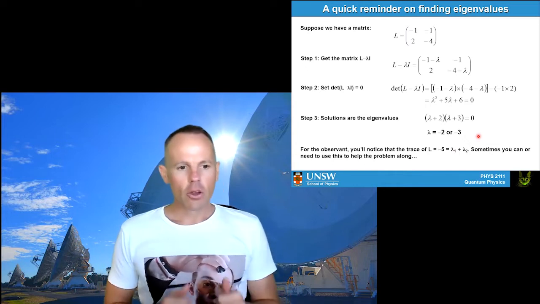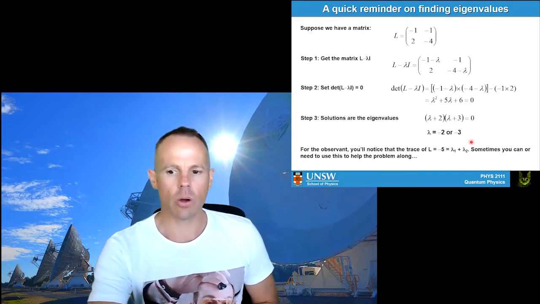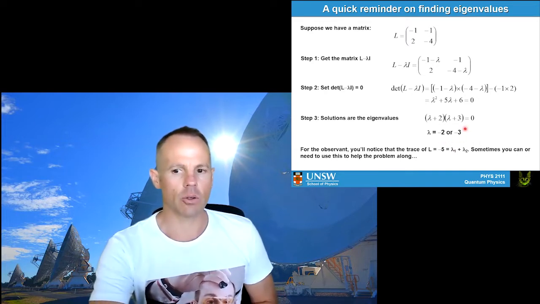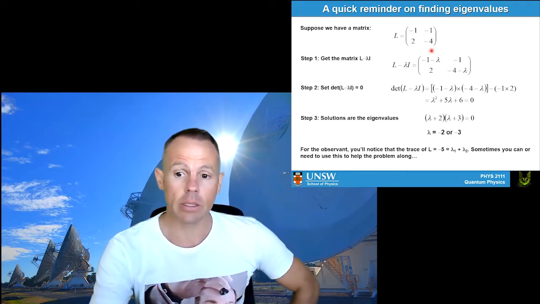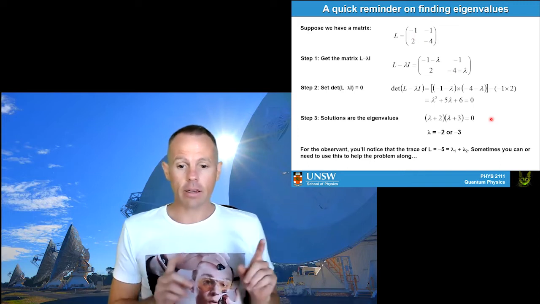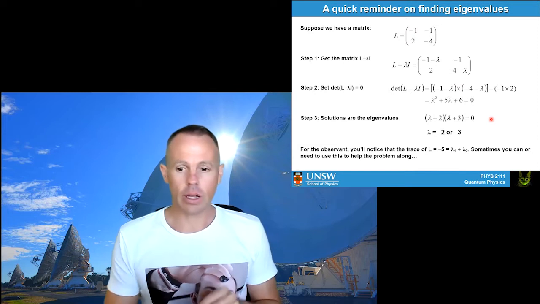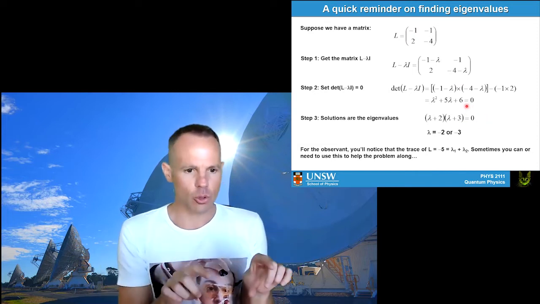One nice little observation in here is that the sum of the eigenvalues is equal to what we call the trace, which is just the sum of the diagonal elements in the original matrix. That is often a really useful trick for working out what the solutions are.